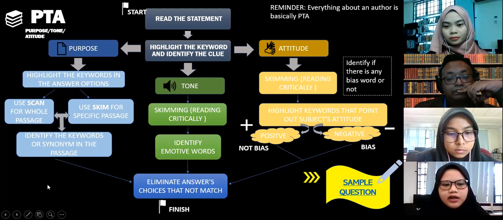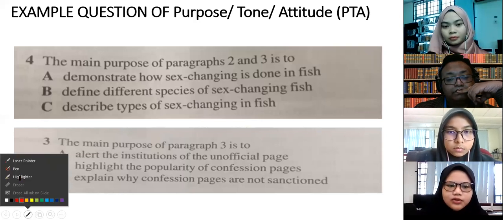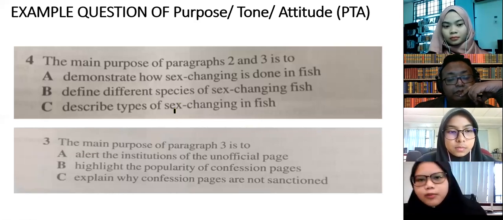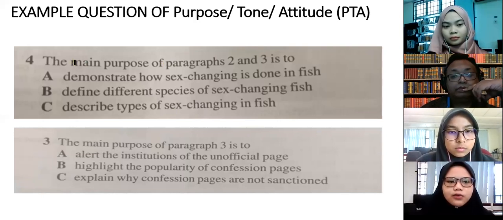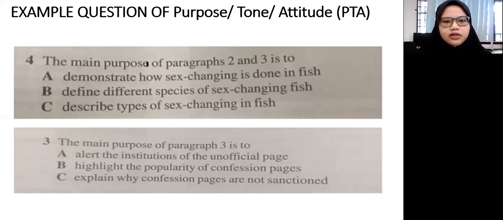To have a better understanding of this type of question, let's take a look at the example question on purpose. This is a question that I took from the MUET book. The first step is to read the statement and highlight the keywords. The keywords are purpose, paragraph 2, and paragraph 3.